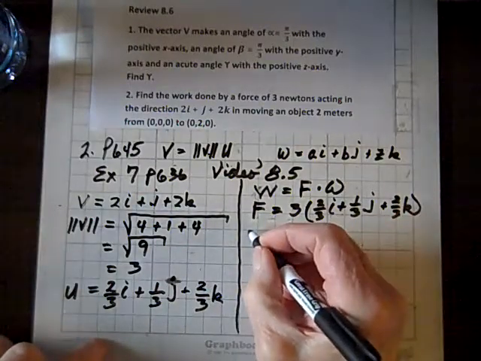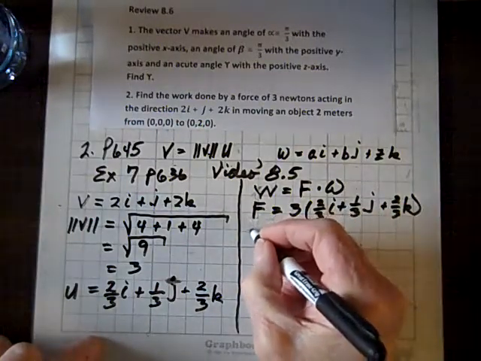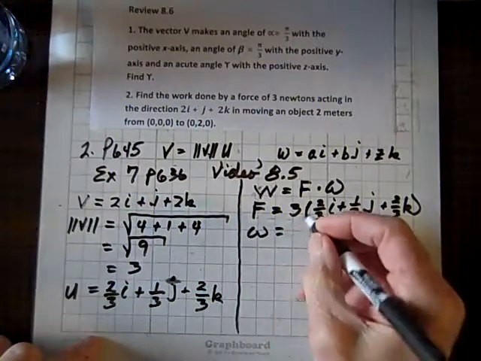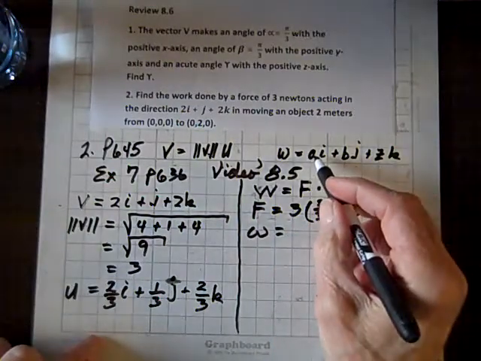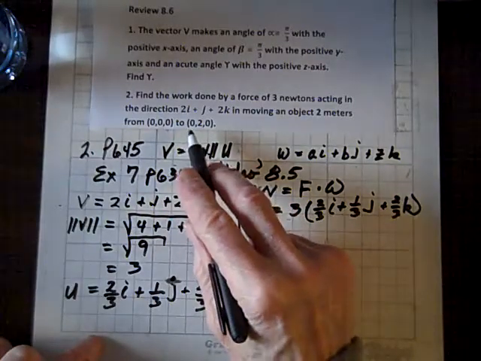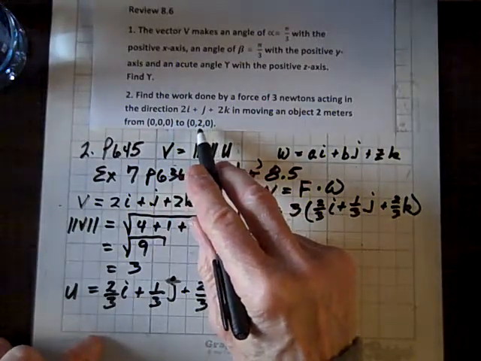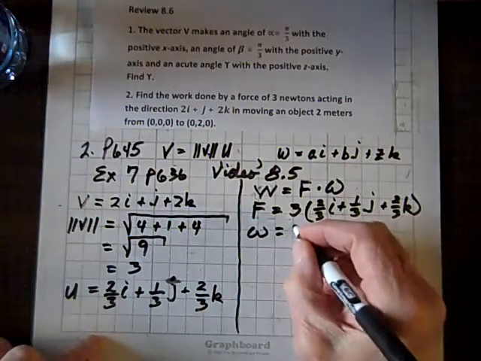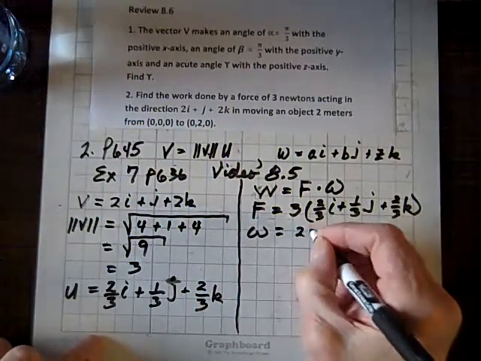And by the way, let's define omega. Omega equals, well, since it's going over, the coefficient on i is 0 and on k is 0, the only thing we have left is the coefficient on j, which is 2j.